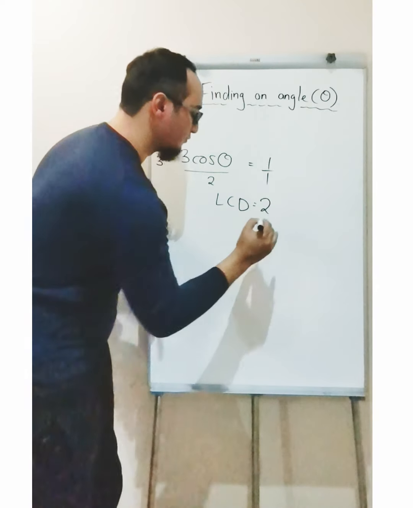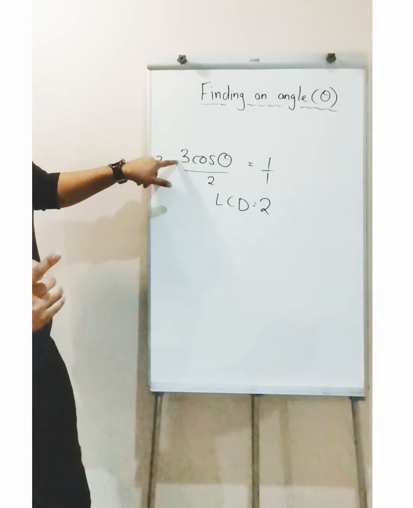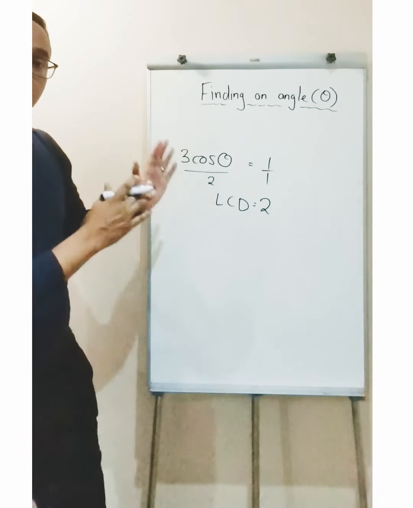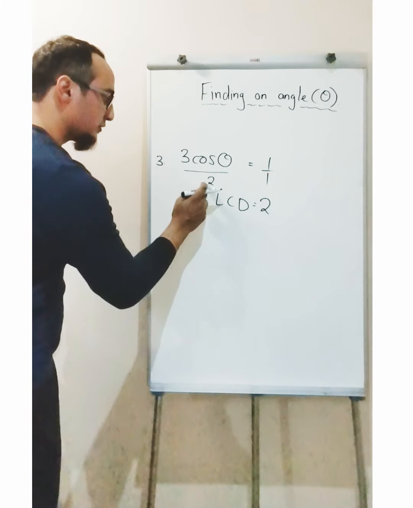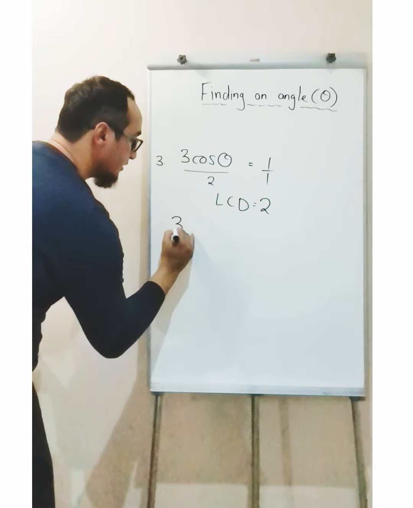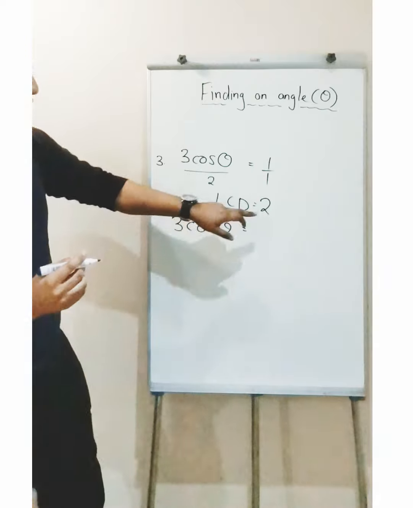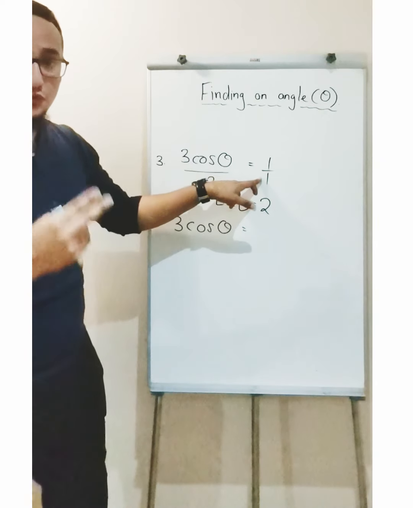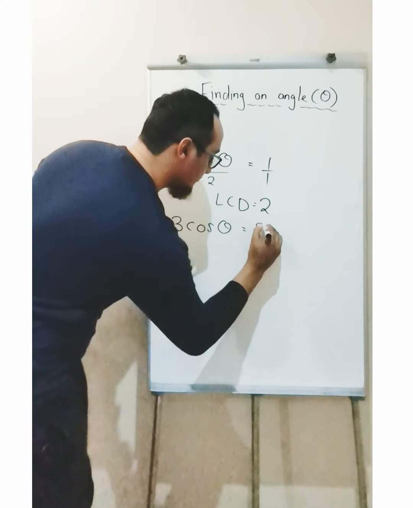Answer is 2. 2 divided by 2 is 1. 1 multiplied by your numerator. Remember, your fractions work, it applies over here. So 2 divided by 2 is 1. 1 multiplied by your numerator, and that is 3 cos theta is equal to 2 divided by 1 is 2. 2 multiplied by your numerator is equal to 2.